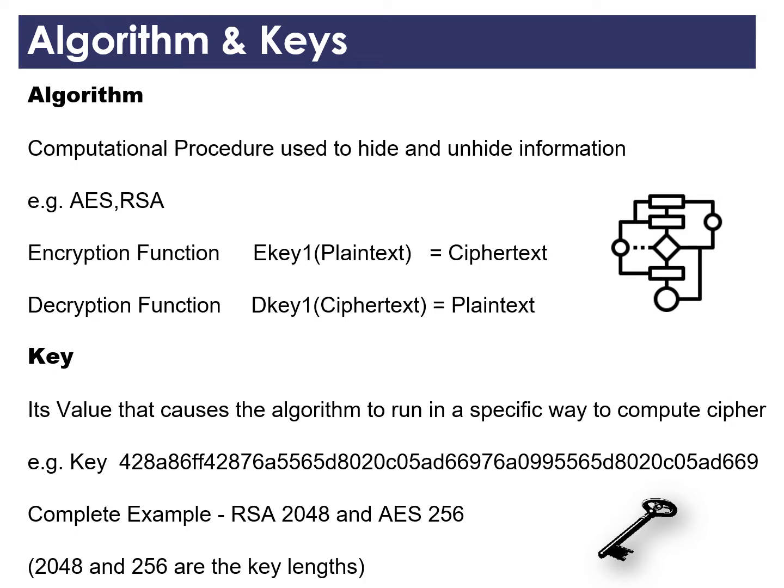Similarly, in a crypto algorithm, some functions, or you can say programs, are used to encrypt or decrypt, which converts the plain text to ciphertext in a specific manner based on the key value used in the function. If you use a small key, it takes a shorter time to finish, and if you use a larger key value, it takes longer, but it's more secure and difficult to decrypt.